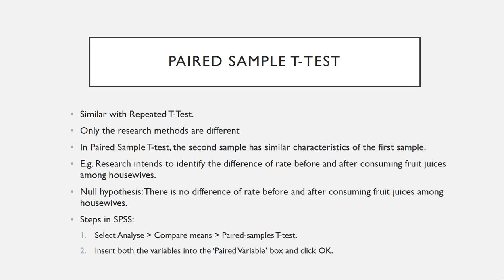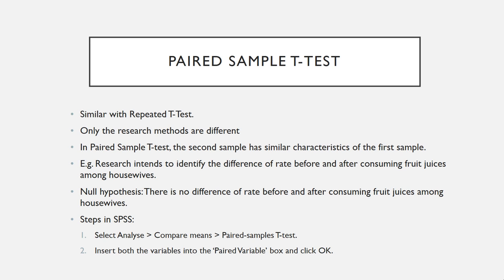And then the paired sample t-test, similar to the repeated t-test, only the research methods are different. In the paired sample t-test, the second sample has similar characteristics to the first sample.